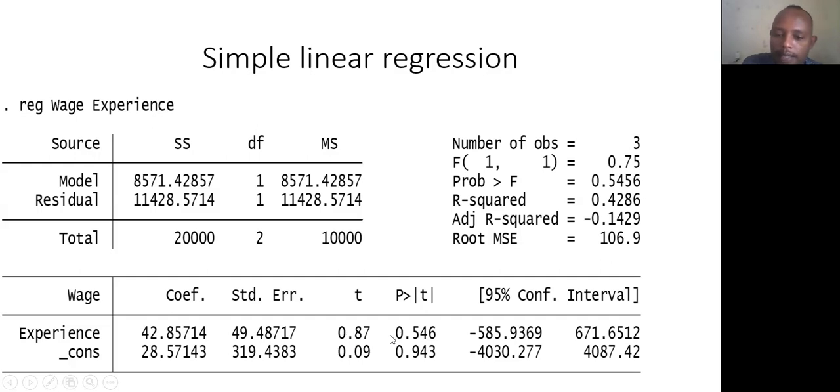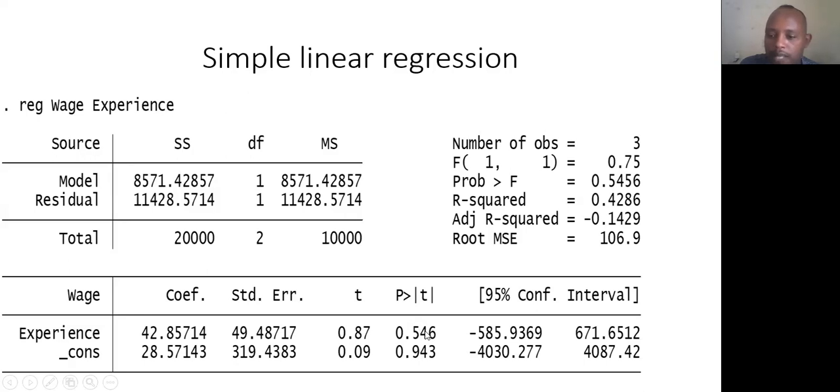The second option is that by using the p-value, we compare the p-value with the level of significance. Most of the time, statisticians love to use 1, 5, and 10% levels of significance. Mostly, they use the 5% level. What does level of significance mean?